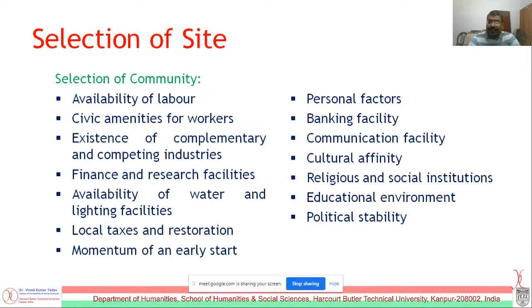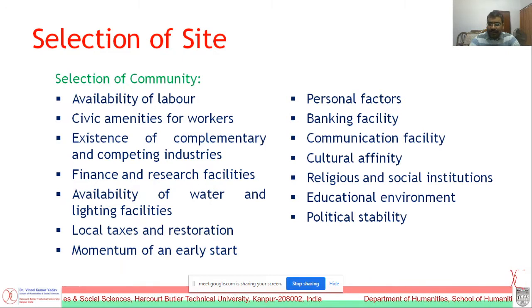Finance and research facilities. Obviously financial sources should be available, and research facilities means research institutions. If you face any problem of manufacturing or technology, there must be some research institution which can provide you support or help. Availability of water and lighting facility is important for the community and labor class.